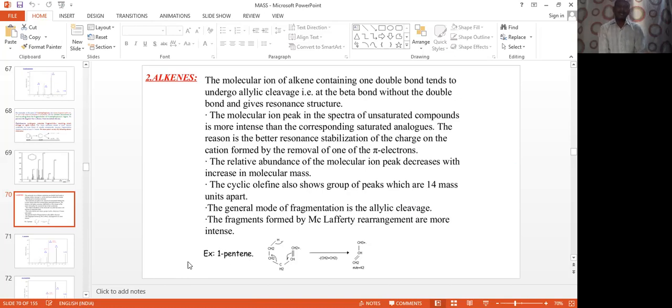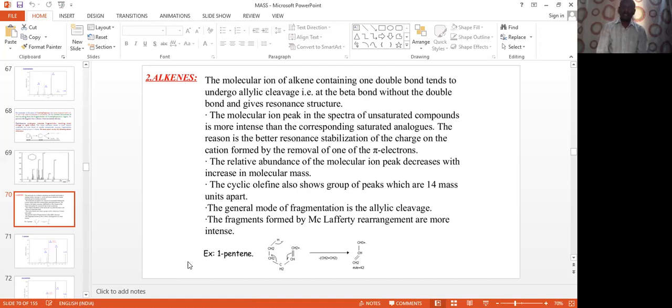And the other one is that it can undergo the McLafferty rearrangement, as I told you. If you have a gamma hydrogen, this gamma hydrogen will be transferred. One is the stable cation and another one is an olefin. The stable olefin will be removed as a neutral molecule in the McLafferty rearrangement.